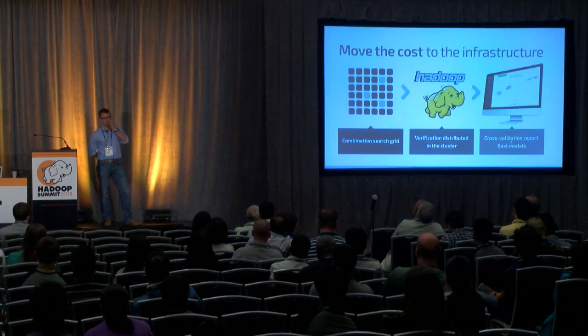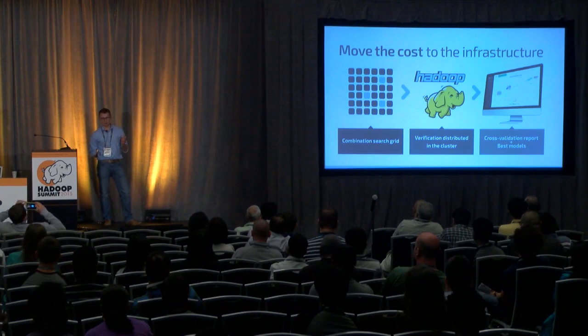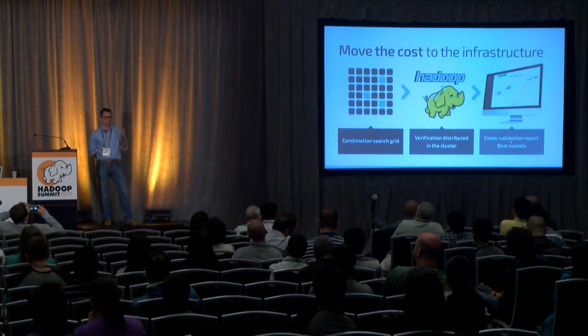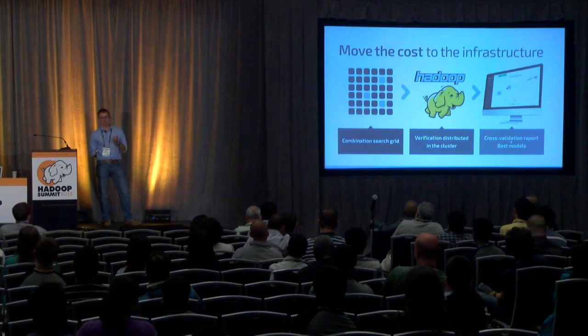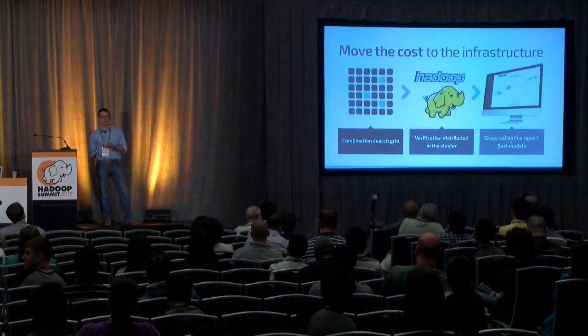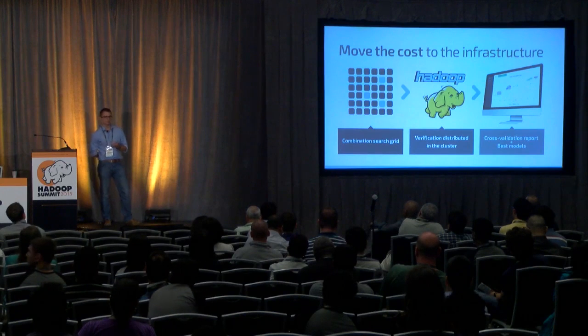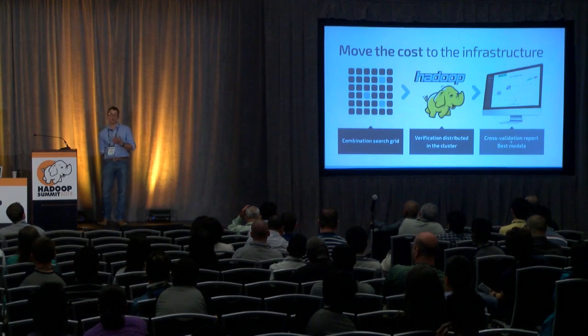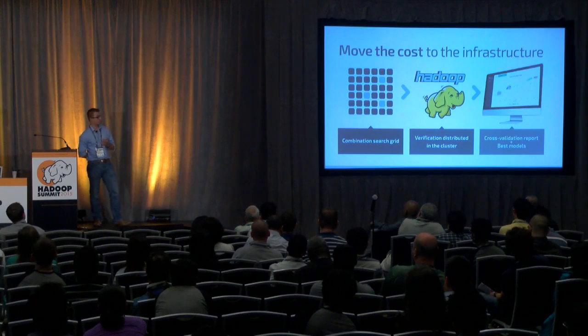But in this case, the first question is what is the score of such an object, of a combination of data transformation, algorithm and its parameters. We decided that it would be cross-validation error. So we know that to compute that, it involves a lot of processing, computational power.